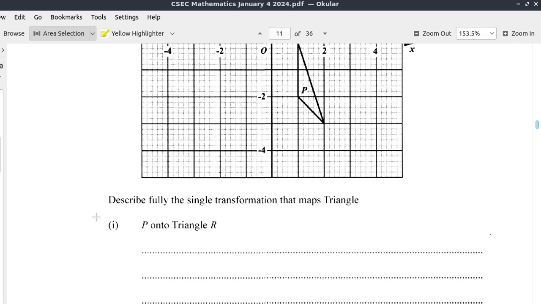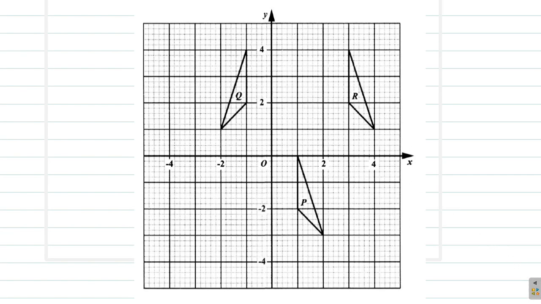Let me copy this and put it over here. So we want what happened to P to get to R. Imagine you have this triangle here.